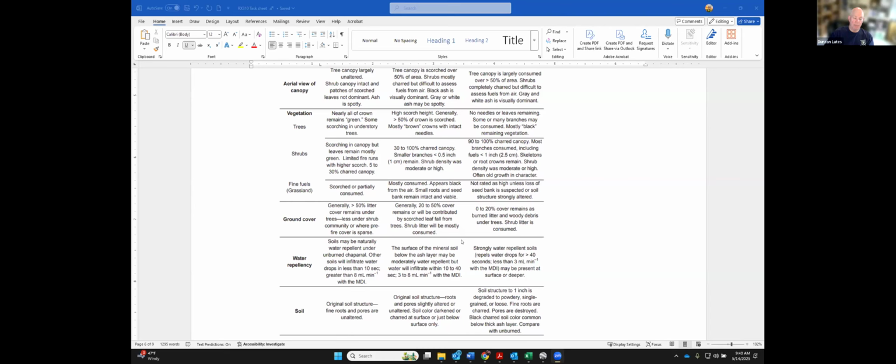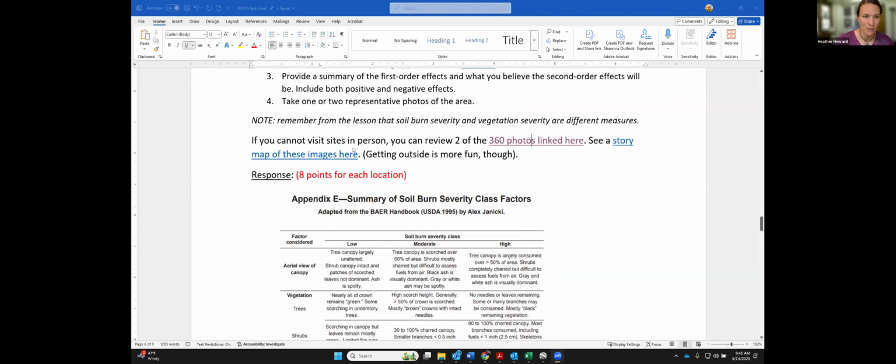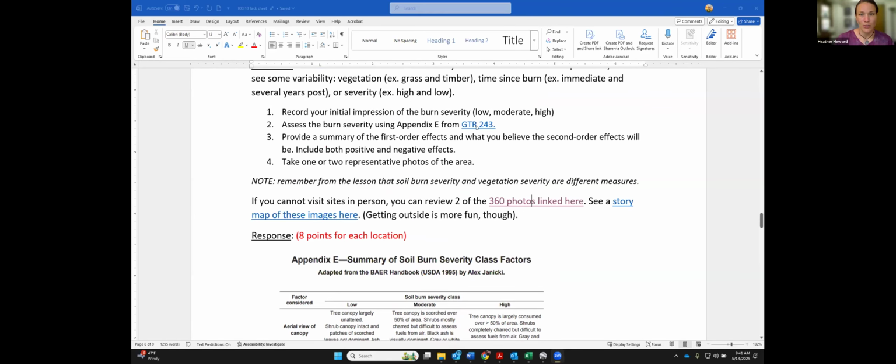And I like CBI, but if you can just use something at a smaller scale, I think that's good for project scale work. I find this to be a little more accessible than CBI because it has these descriptors on it, and so you can ask, oh, is my tree canopy largely unaltered? To me, it is a little bit easier to get that ground level assessment. What is this GTR? Is this from? Oh, GTR 243. Yeah.